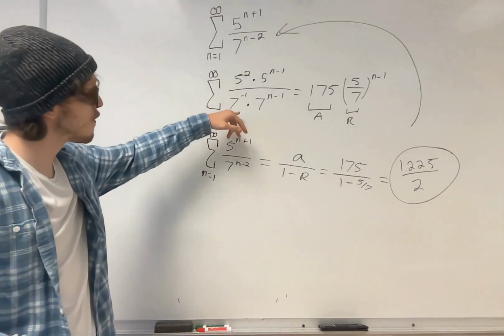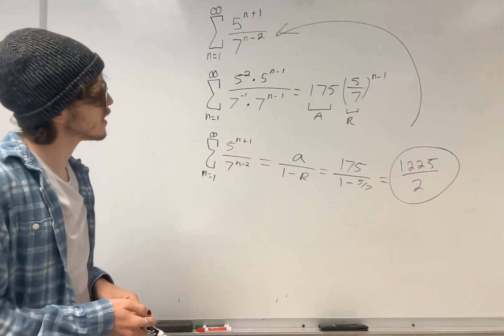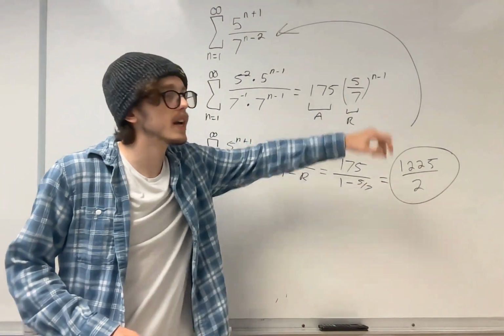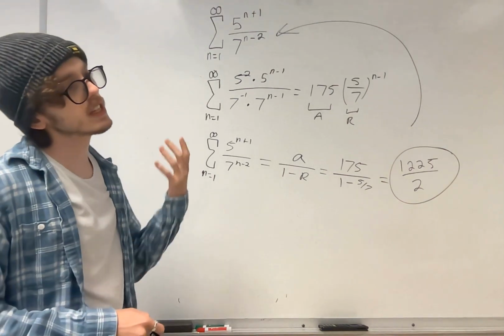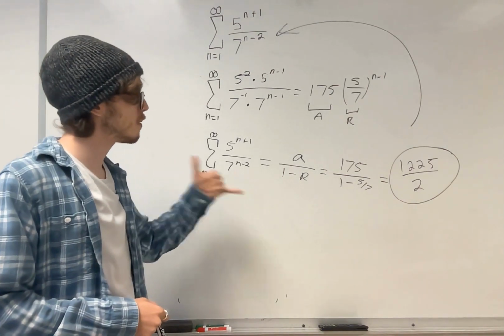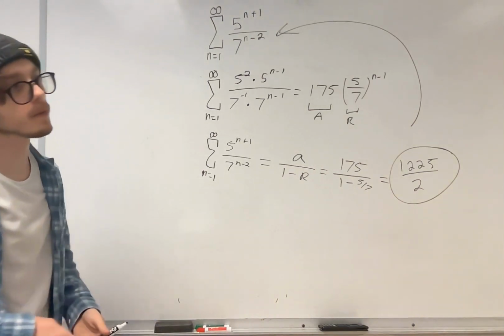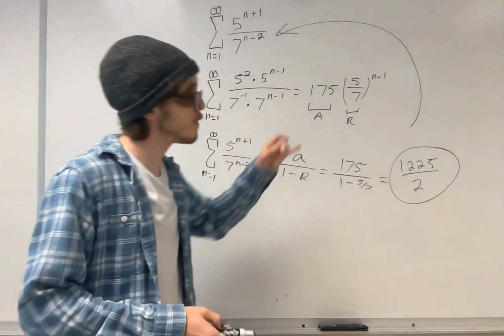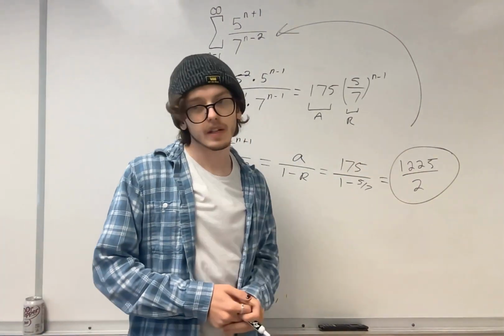Then we got it into the form of the geometric series, by using this a times r to the n minus something. We just had to do a little bit of rearrangement. Then we used the idea that the sum of all the numbers in the geometric series is equal to a over 1 minus r. We then plugged in values for a and r respectively, and we got a value for the sum of all of our values in the series.